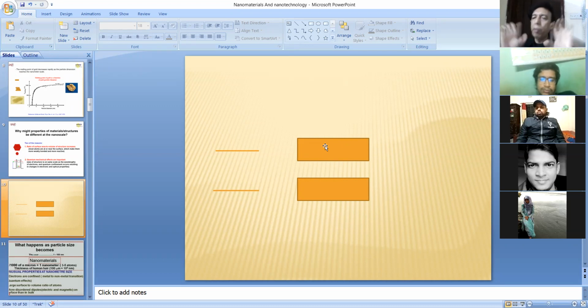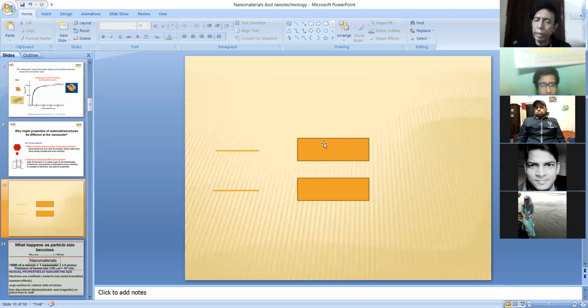So it makes a band. The lower band is known as valence band, and the higher band is the conduction band.